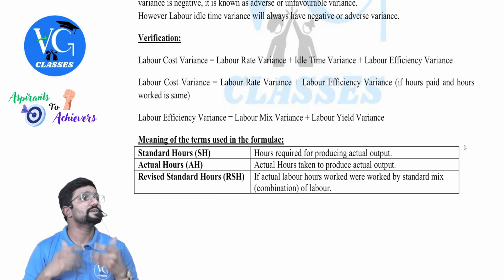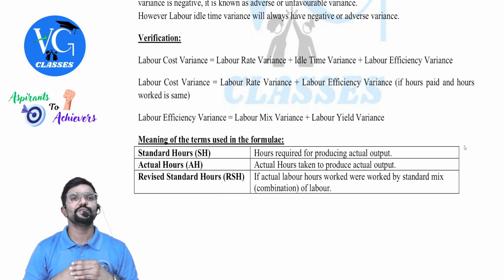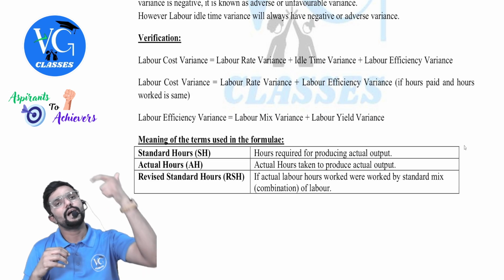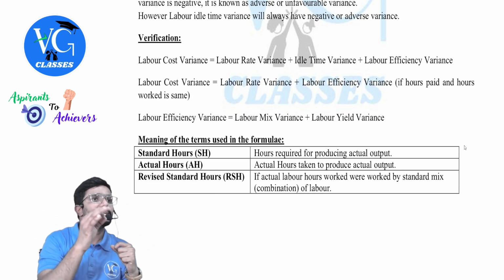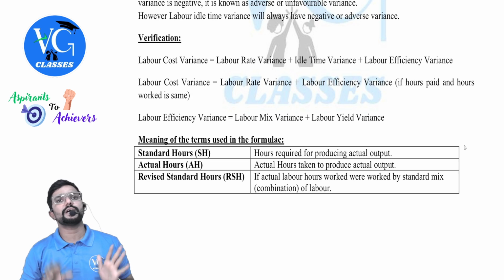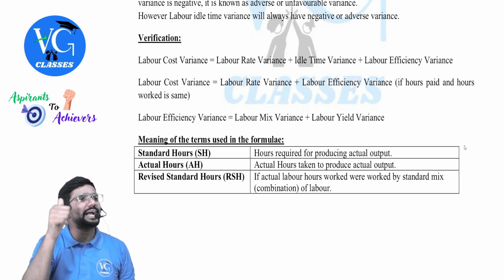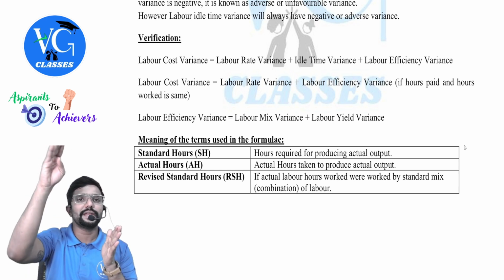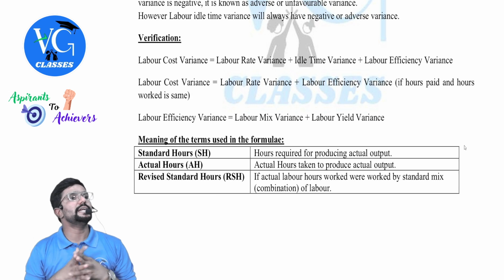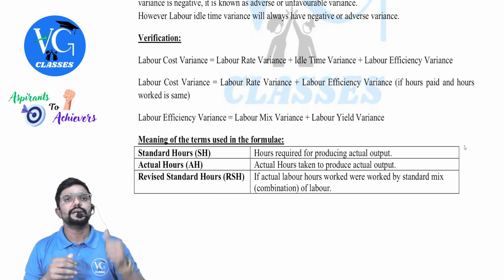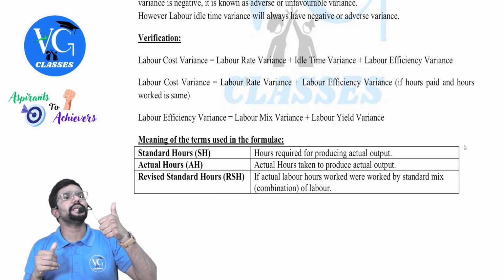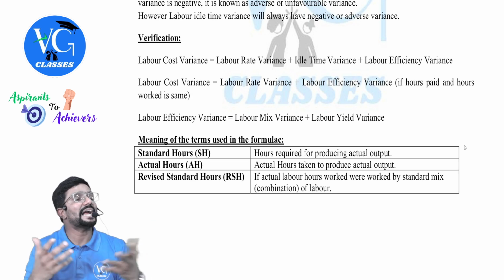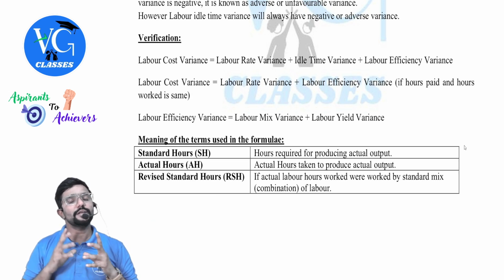Then material usage variance. What do you use? Quantity. What is the formula? Standard quantity for actual output minus actual quantity consumed into standard price. Then usage is subdivided into mix and yield. For mix, what is the formula? Revised standard quantity minus actual quantity into standard price.